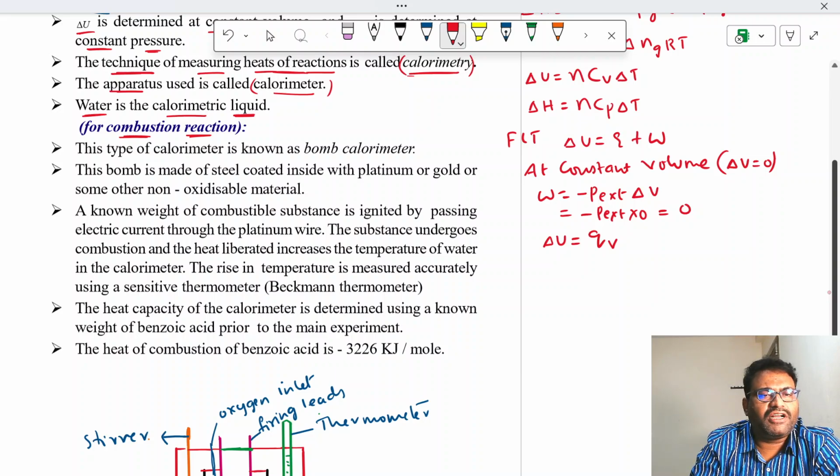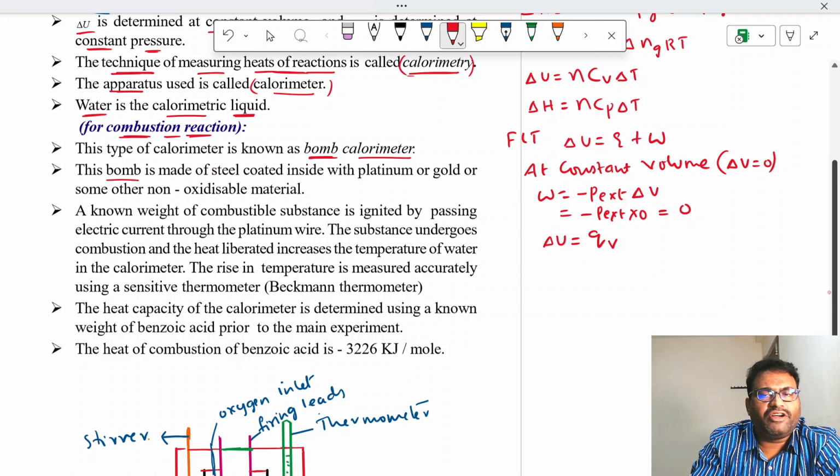On combustion, heat is released, and by calculating that heat, we are able to calculate delta H and delta U. So by the combustion reaction in a calorimeter, we calculate delta U and delta H. That type of calorimeter is called a bomb calorimeter. In a bomb calorimeter, the substance is combusted and the heats of reactions are calculated.